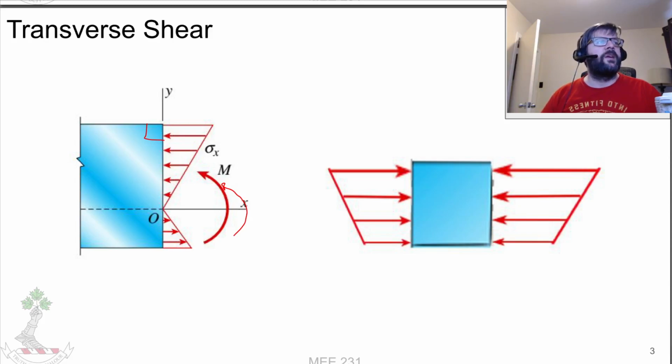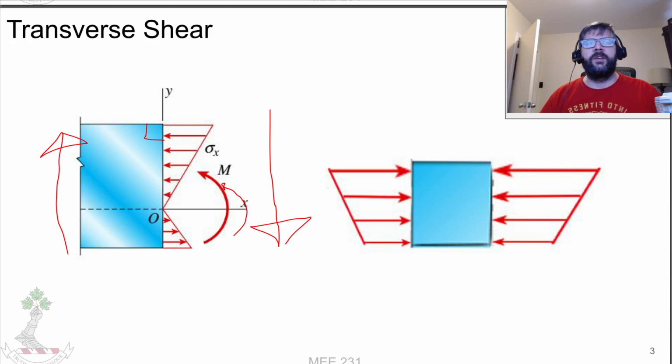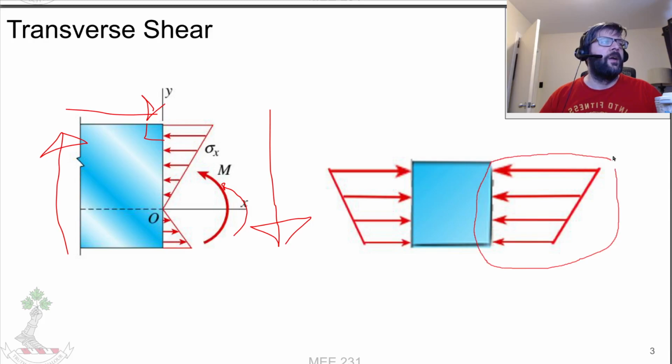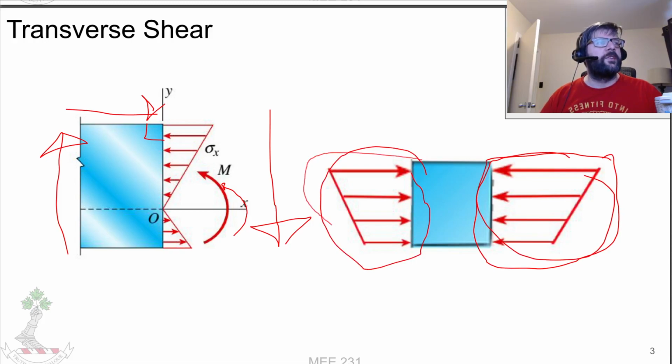Say we have a positive force applied on this end and a negative force applied on this end, so the bending moment is growing as we move in the positive x direction. That would mean this stress distribution here is going to be a bit larger than this stress distribution here, so the overall forces are going to be a bit larger as well.